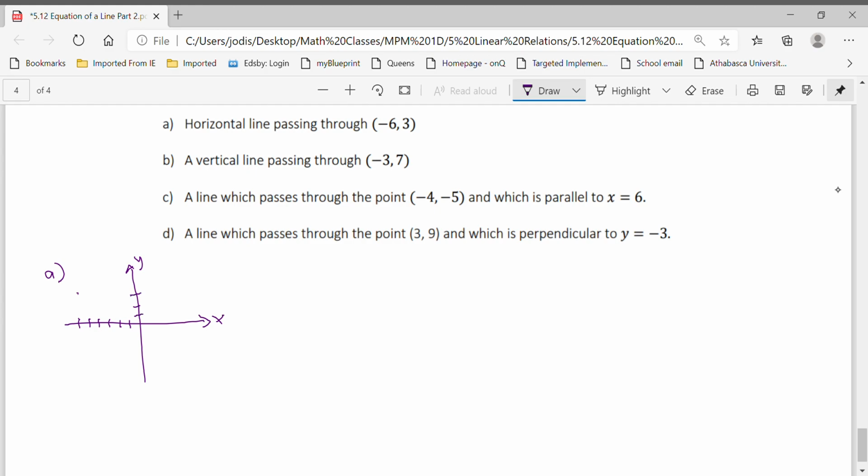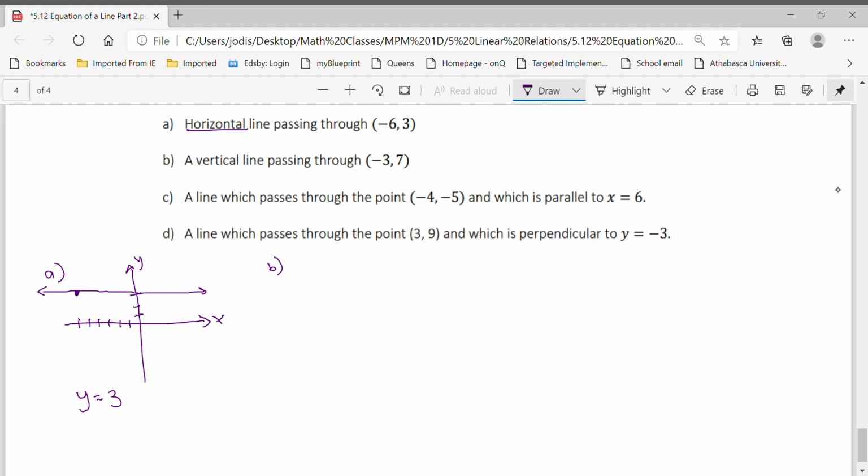So it's passing through this point right here. Since they said a horizontal line, we have to draw it like this. It hits the y-axis, so we know our equation is going to be y equals, and it passes through at y equals 3.